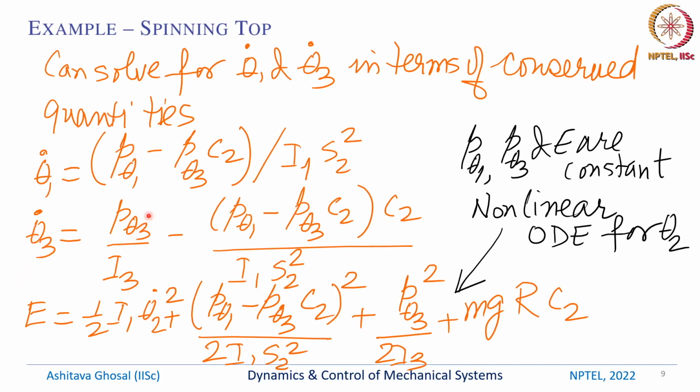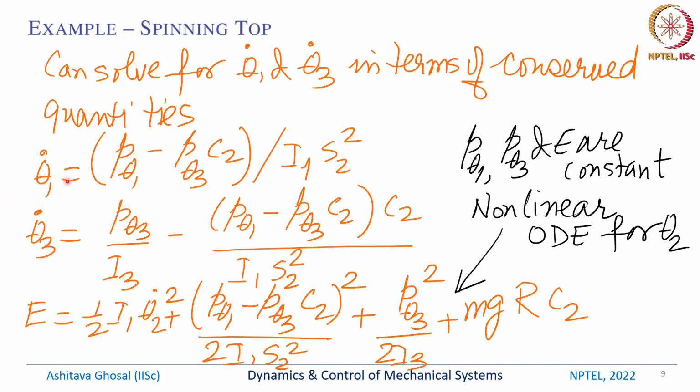Likewise, theta 3 dot is given by p theta 3, the momentum corresponding to theta 3, divided by I3, minus (p theta 1 minus p theta 3 into C2) into C2 divided by I1 S2 square. So we can write expressions for theta 1 dot and theta 3 dot.